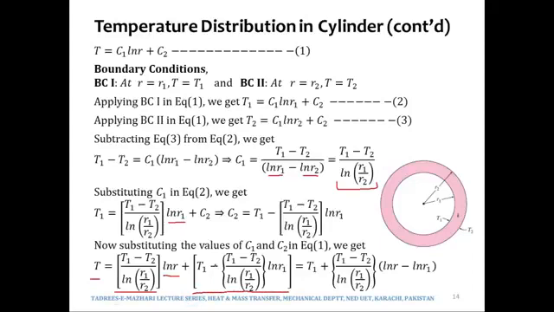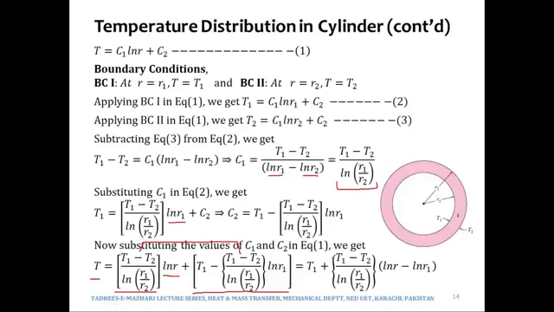Now if you see, we have T1 which can be written separately, and these two terms have got a lot in common. These two terms have T1 minus T2 over log of R1 over R2 common.